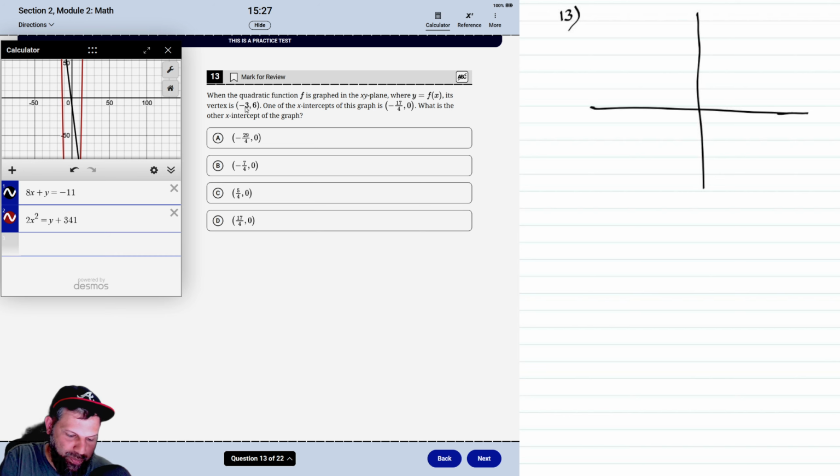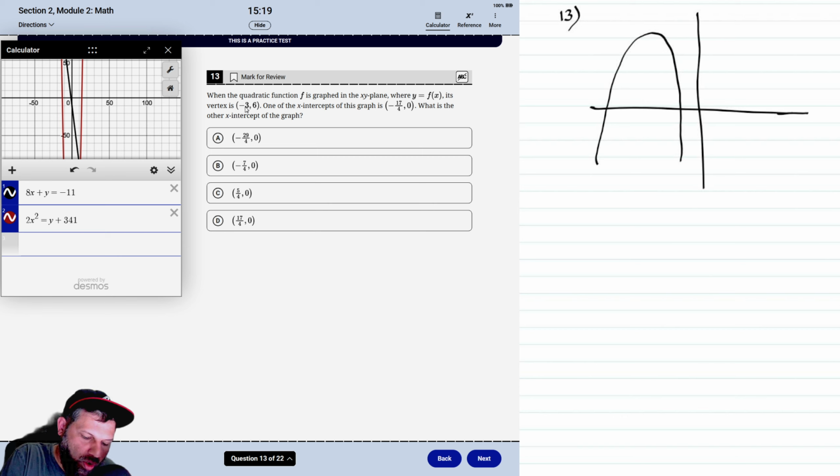Which means it's going to be a parabola that's inverted down. Okay, not to scale for sure.